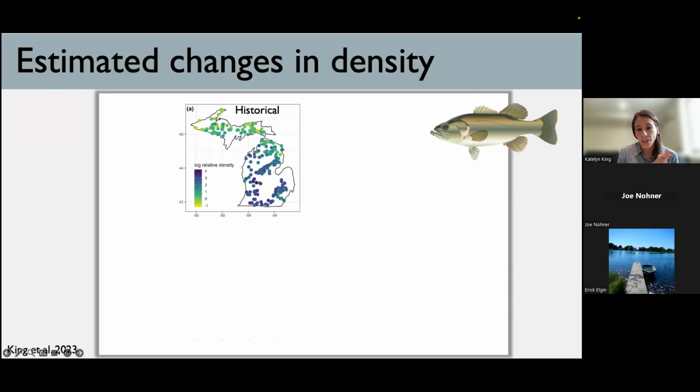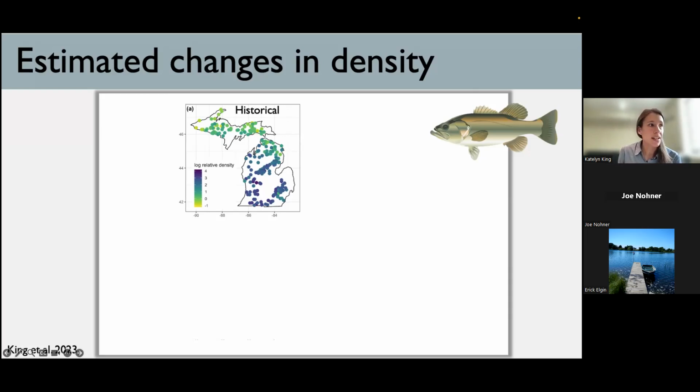So the darker colors are higher density and the lighter colors are lower density of largemouth bass across the state. And so we see in general, those higher densities occur in the southern part of the state, and lower in the northern and UP across Michigan.